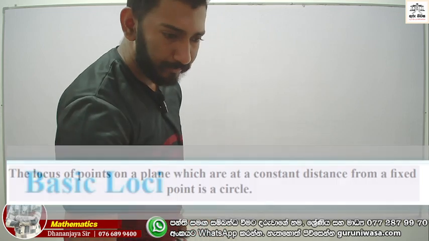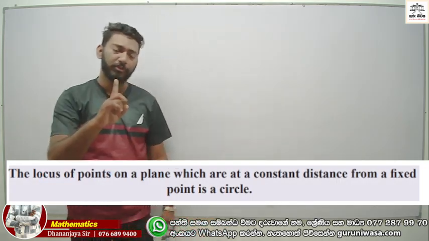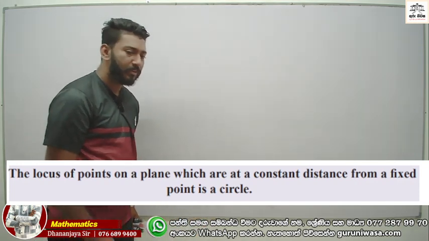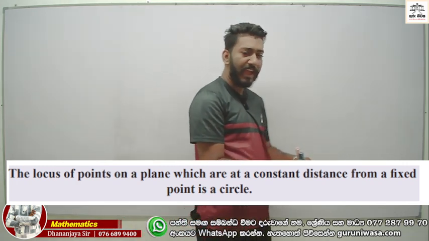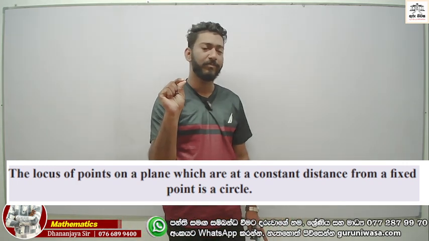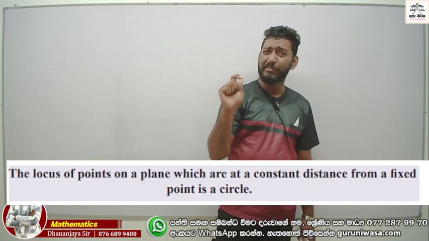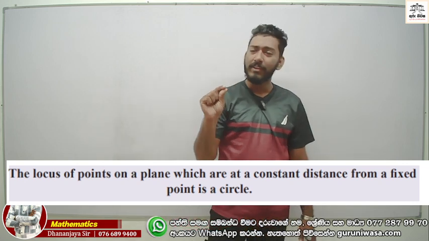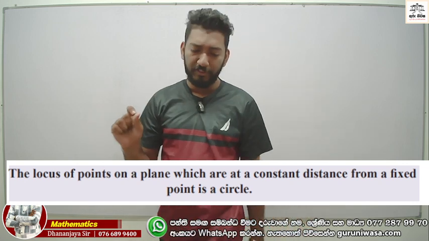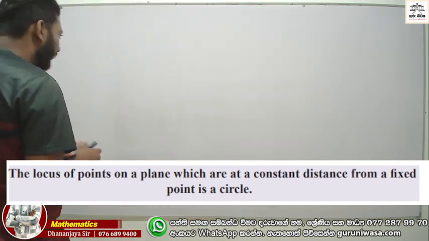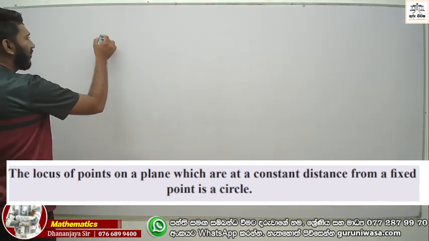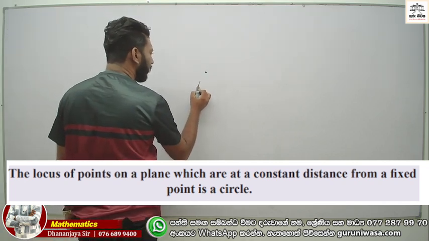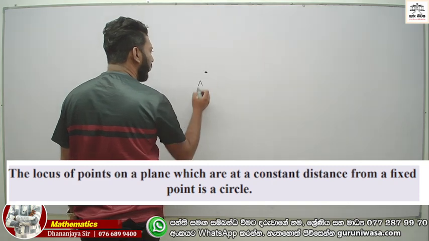Basic loci. Right. Number 1. Put the number 1. The locus of points on a plane which are at a constant distance from a fixed point is a circle, like this, and this one is a capital A. This one is a fixed point.